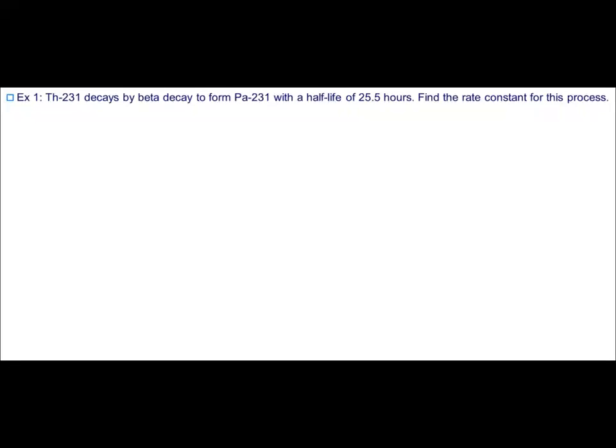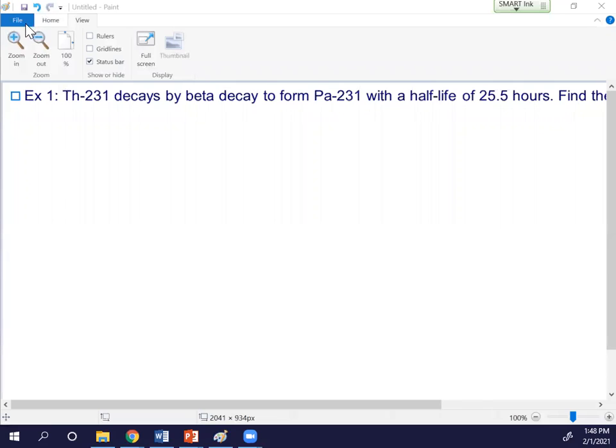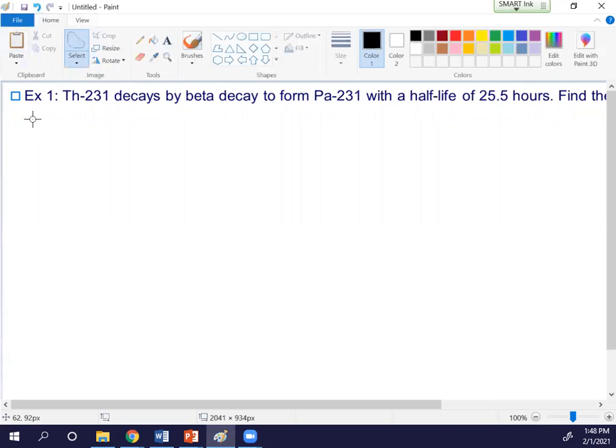All right, so thorium-231 decays by beta decay to form protactinium with a half-life of 25.5 years. Find the rate constant. Remember, the rate constant is K. We know beta decay is code word for it's a first order reaction. When they say alpha or beta, that's code word for first order reaction.